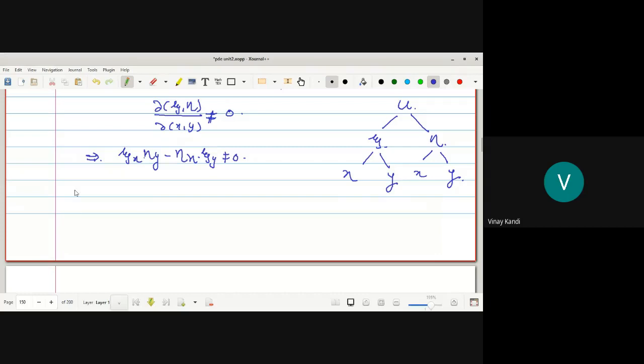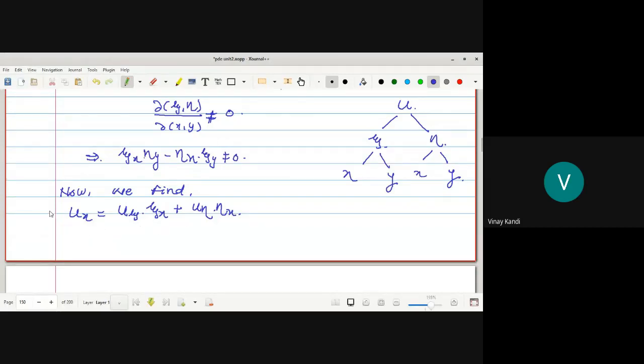Okay, now we have to find ux and uy. Now we find ux, differentiating u with respect to x. But what is u? u is a function of xi and eta, and xi and eta are functions of x and y. So first differentiate u with respect to xi, and xi is a function of x, plus u is a function of eta, and eta is a function of x.